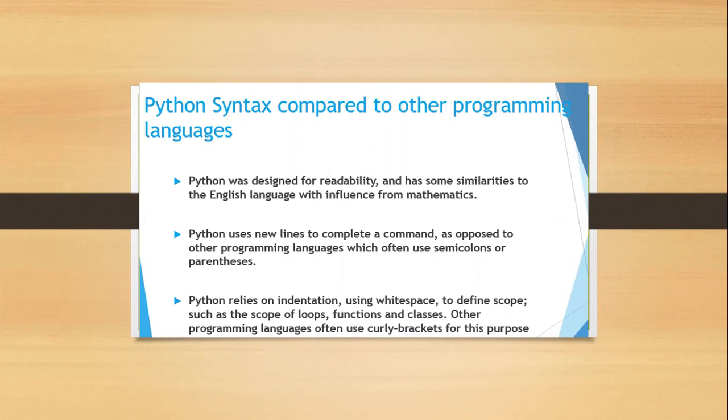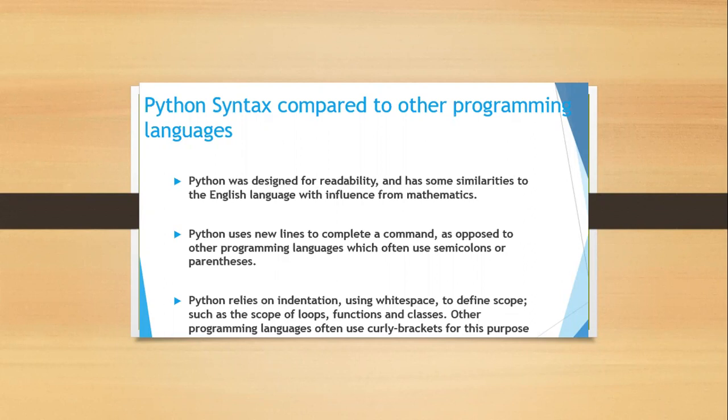So if you have worked with C or C++ or Java or most programming languages, you will realize that at the end of every line, you must put a semicolon to show that the line ends here, the next line begins here. There are also braces that you use to show that this block of code begins here and ends here.